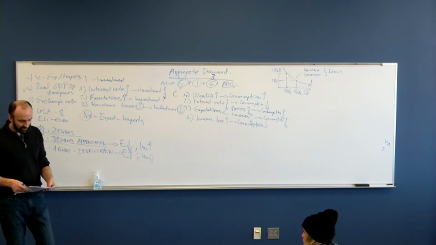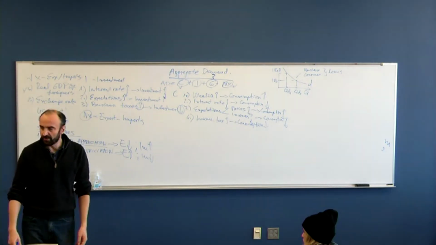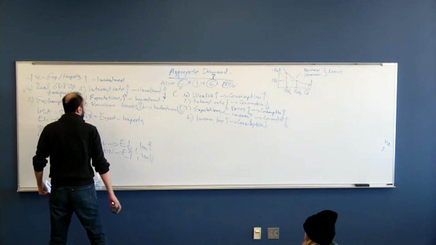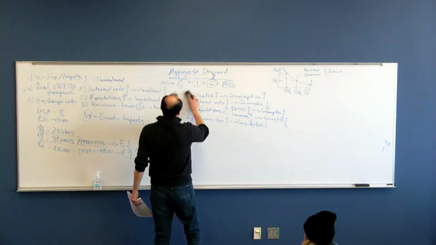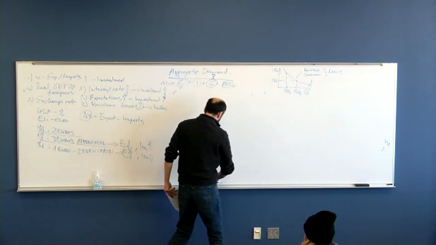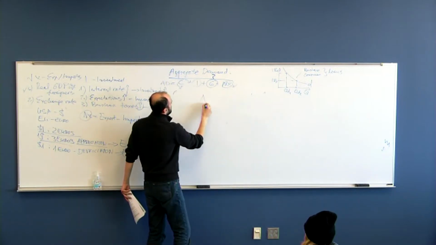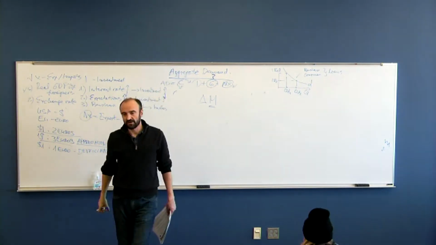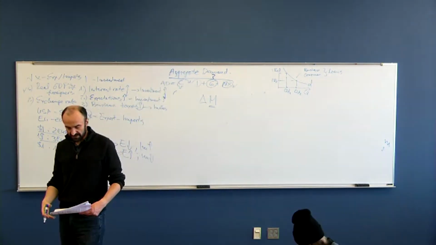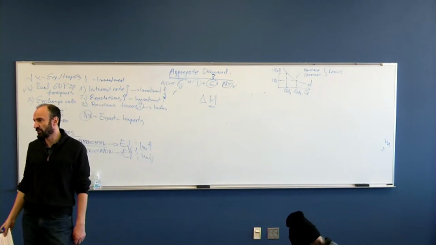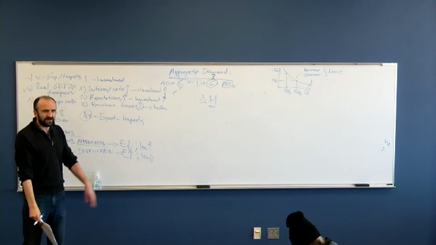Okay, the next thing here is, what about the money supply? How can money supply affect aggregate demand? So I will erase this. So money supply is changes in money supply, delta M. M, a capital letter M, is a designation or a symbol for money supply, or quantity of money in demand.